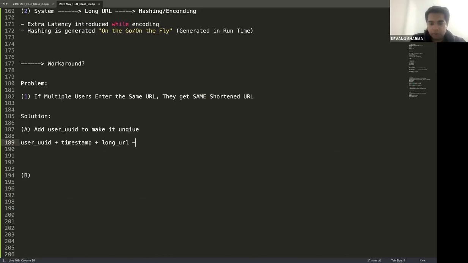Now this is going to be a unique key for encoding. All agree with this? Cool.